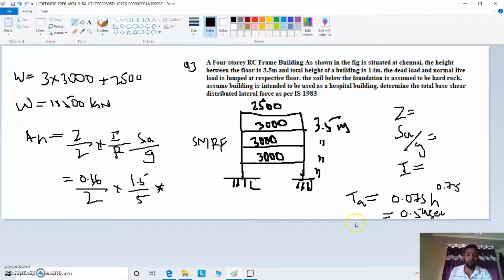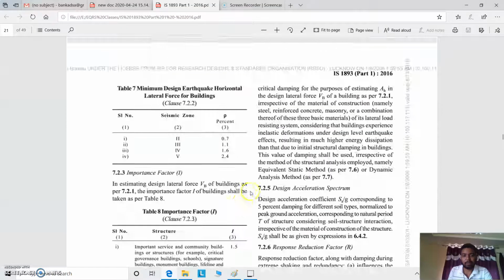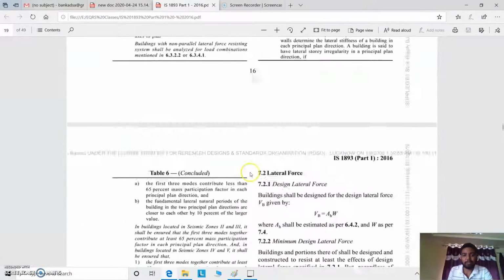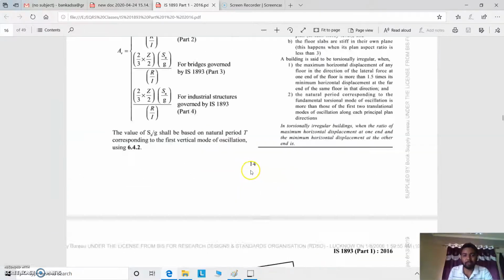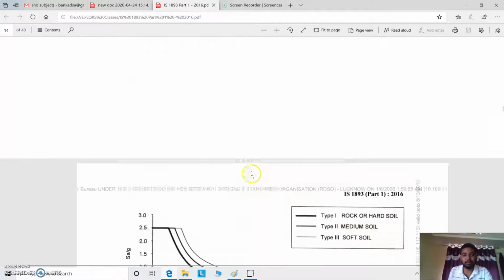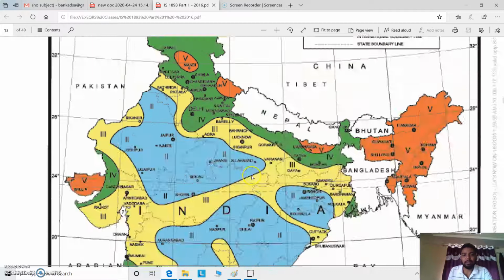Once the Ta is calculated for hard rock, then we need to see the value of Sa by g in the table. It is given here.